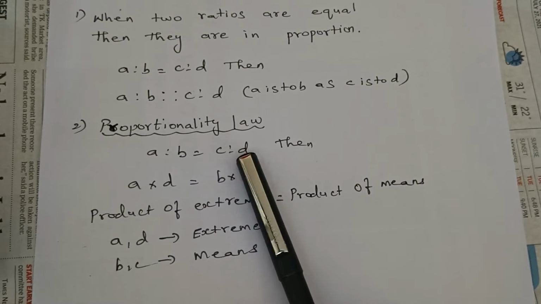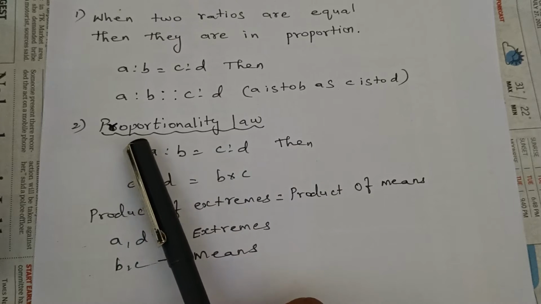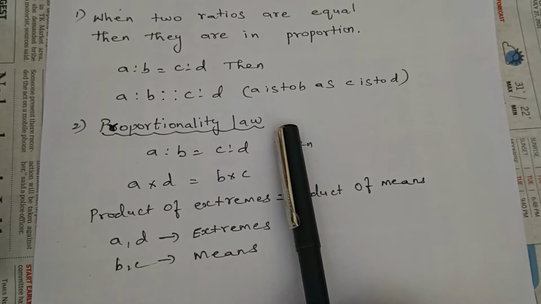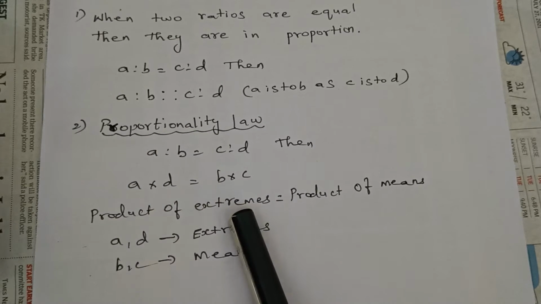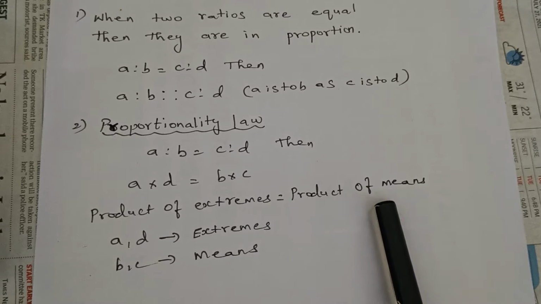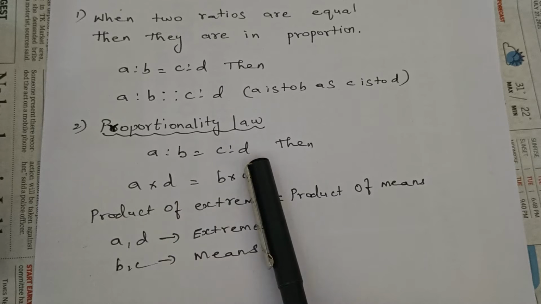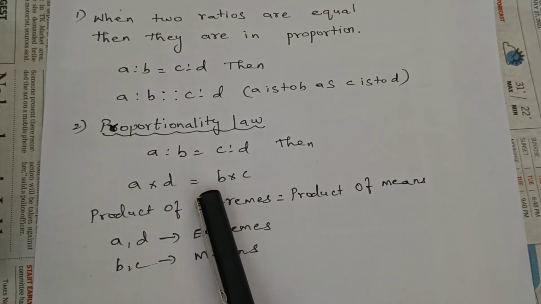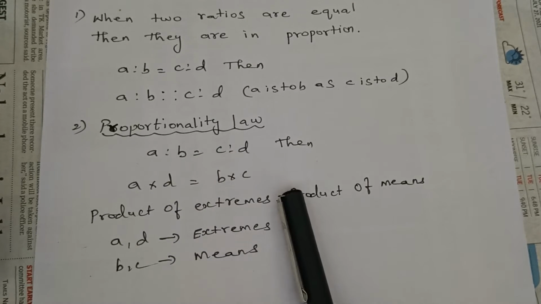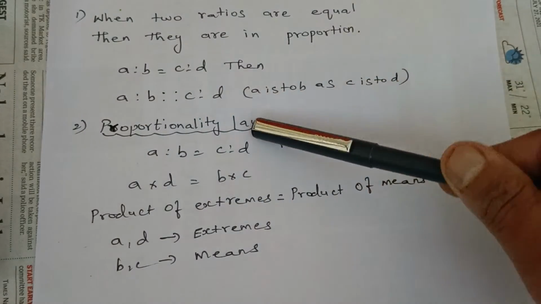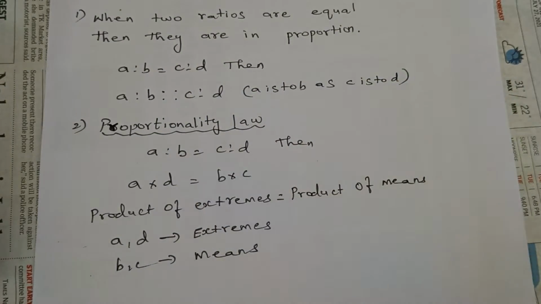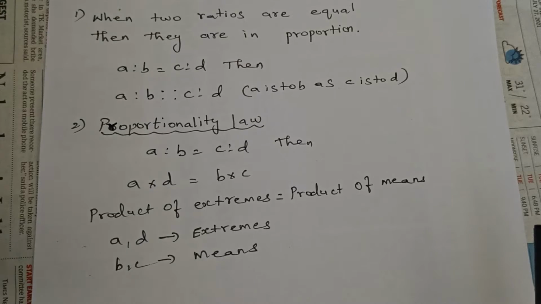If they are in proportion, then we have one condition called the proportionality law: the product of the extremes is equal to the product of the means. A and D are extremes, so A into D is equal to B into C. Then we say they are in proportion.